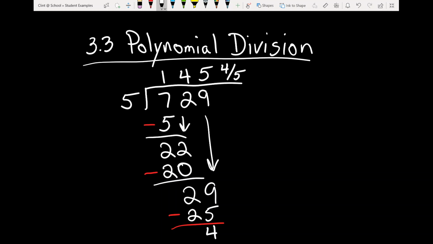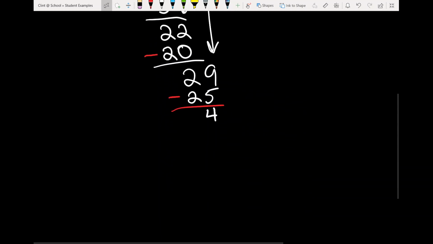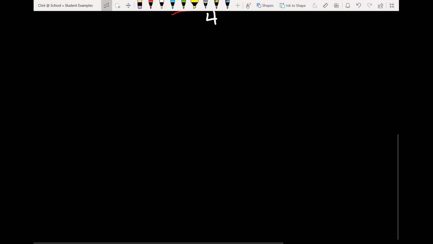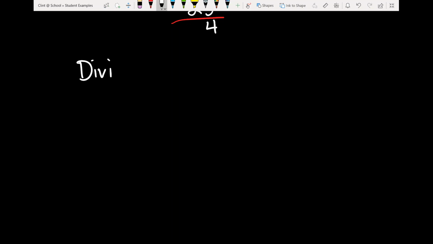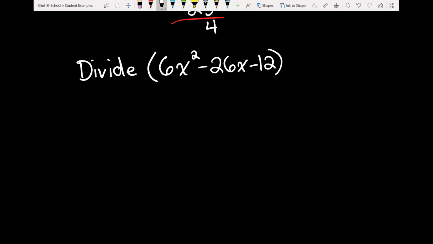Okay, so now let's look at the same thing but with polynomials. So we want to divide this thing, 6x squared minus 26x minus 12 by x minus 4.